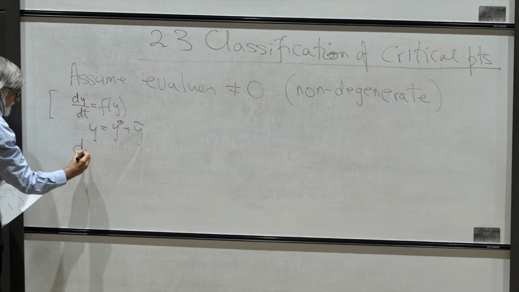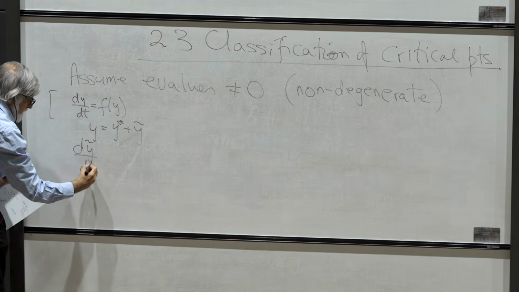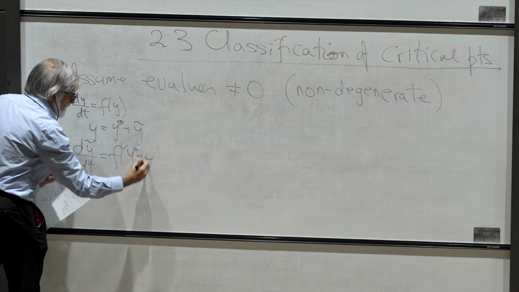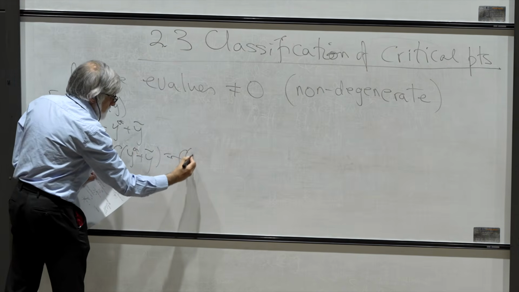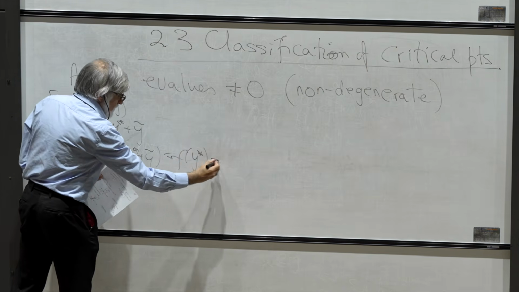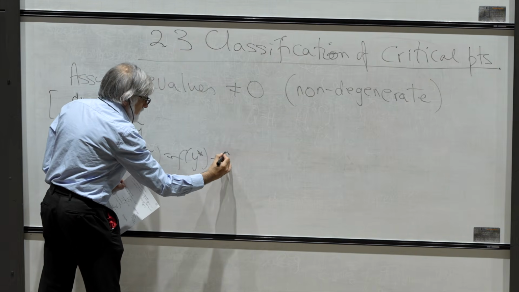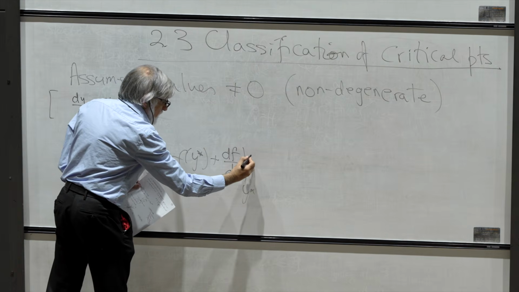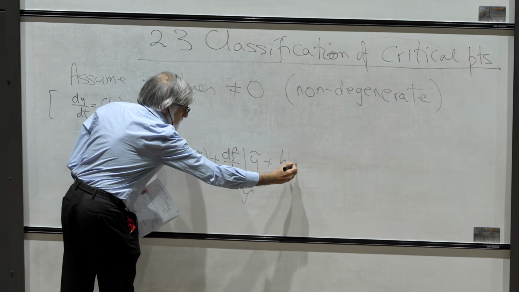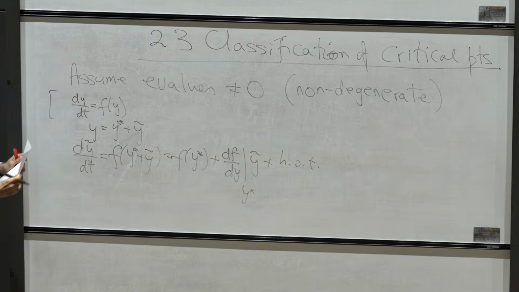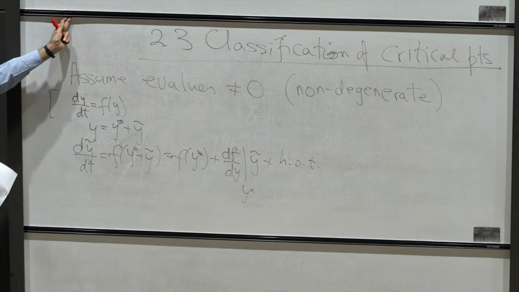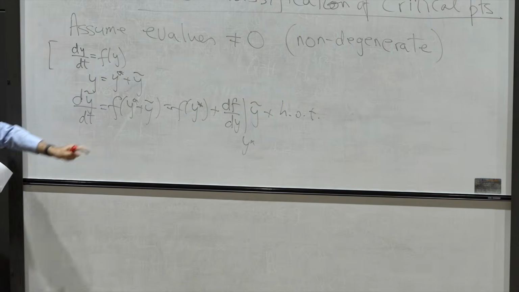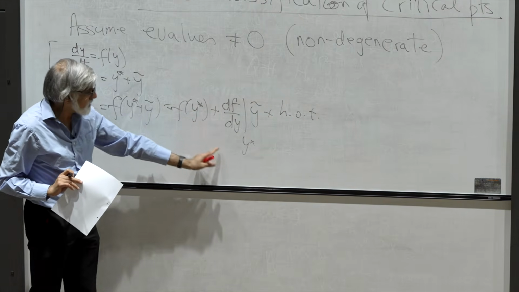Then we'd get dy hat by dt equals, by Taylor, write it out like this, times y hat plus higher order terms. That's equal to 0. And why do we ignore these? We ignore these because we're making the implicit assumption that this is not equal to 0.